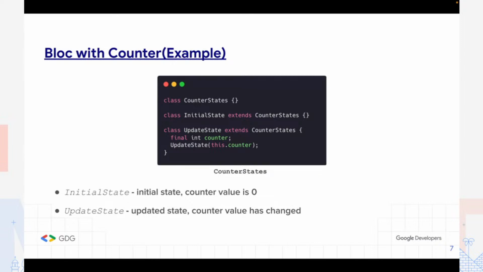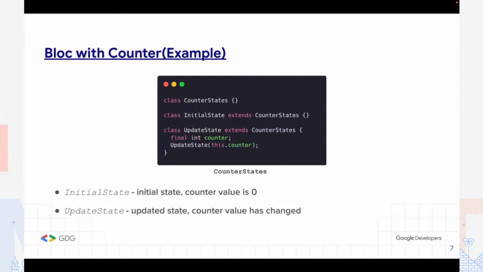And once we perform an operation on the counter value, let's say if it's a decrease event, number decrease event, it is going to decrement the counter value. So our counter value is updated. So two states, initial state and update state. Update state is where the counter value is updated.